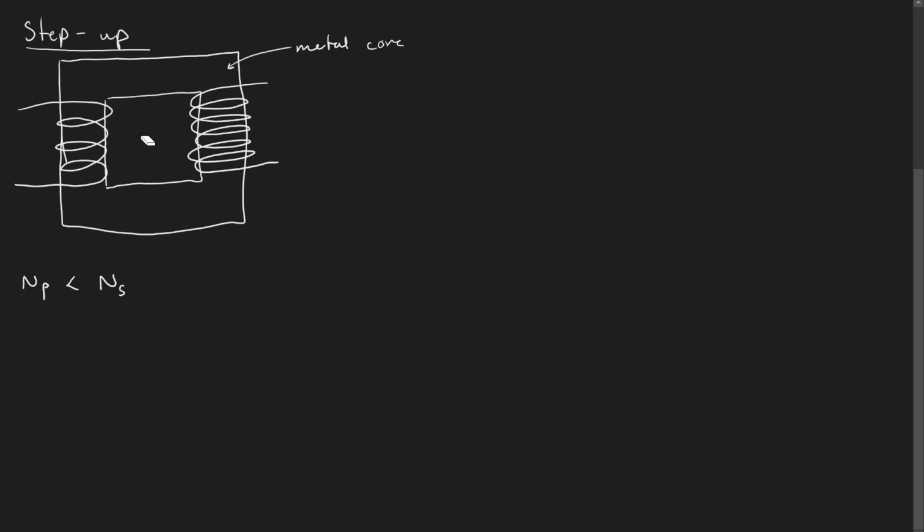What we know is that there is some AC current traveling in the primary coil. So there is an alternating current in the primary coil. Now, having an alternating current in the primary coil means that I have movement of electrons.